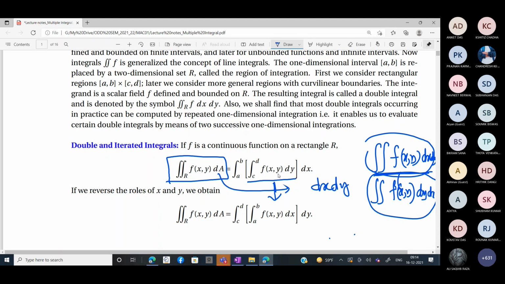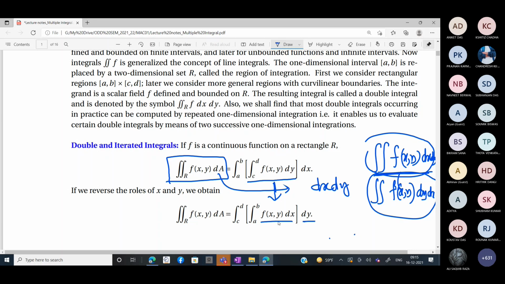That means we ultimately get a function of x only. And eventually that function of x we integrate with respect to x, putting the limits a to b. Then ultimately we get a constant, which is basically the volume. Now, if we reverse the roles of x and y, then we obtain dx first and then dy.